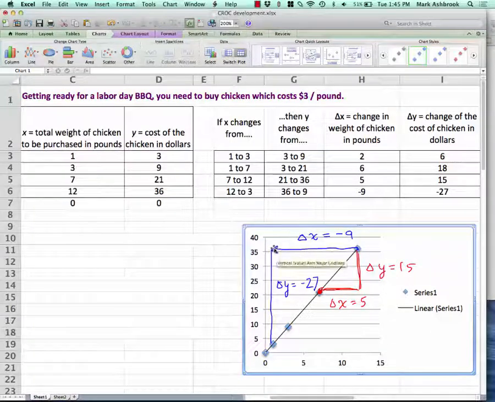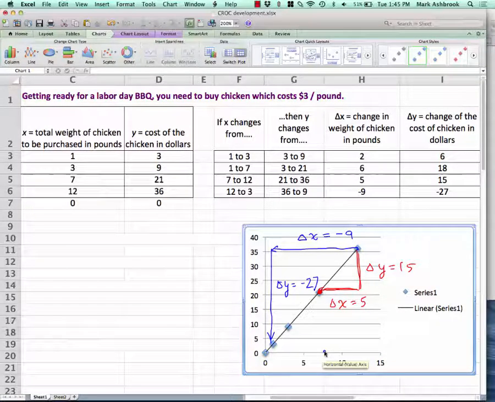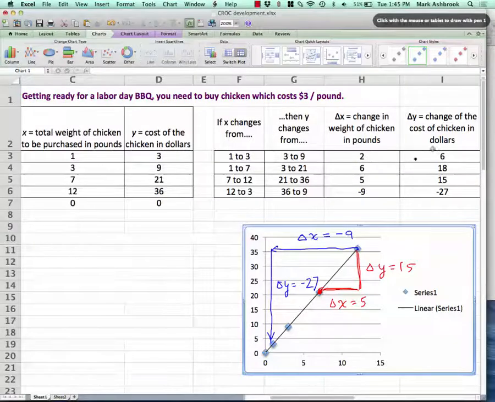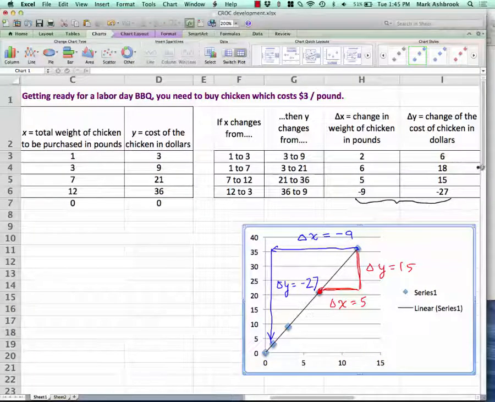So this way of showing one change and the corresponding change in the other on a graph is very important. And so then we talk about these numbers here: 2 and 6, 6 and 18, 5 and 15, negative 9 and negative 27. They have a special relationship. What's the key word? It has to do with a ratio.